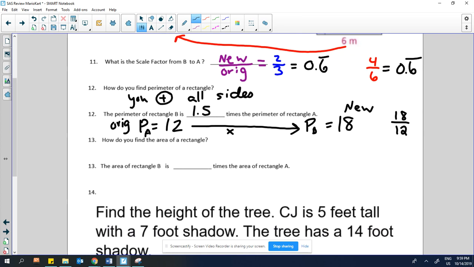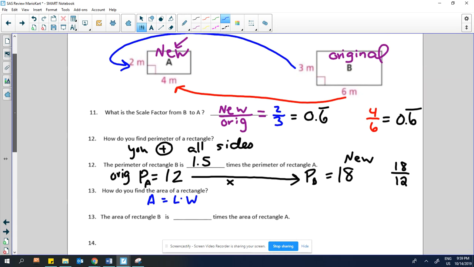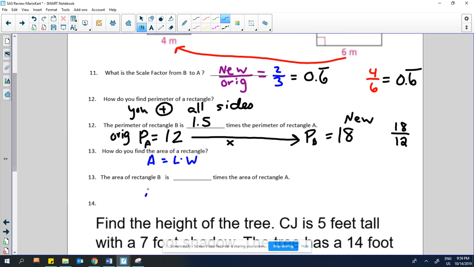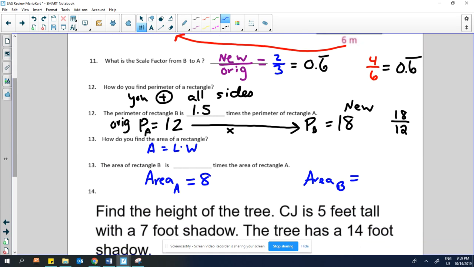How do you find the area of a rectangle? Area is length times width. All right, well, if I do that, the area of rectangle A is 2 times 4, which equals 8. The area of B equals 3 times 6, which is 18.